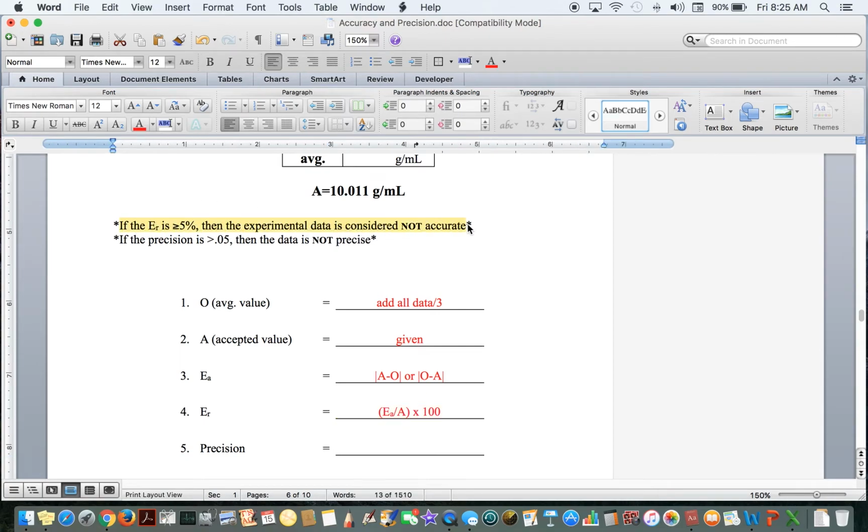And I'm going to jump up here now to this parameter here. Every experiment will give you a guideline on whether you're accurate or not accurate. If your experimental error in this case is greater than or equal to 5%, then the experimental data is not accurate.